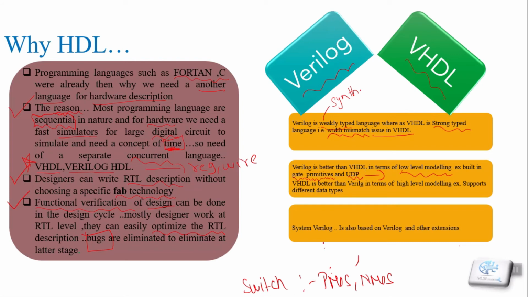On the other hand, VHDL is better than Verilog in terms of high level hardware modeling, because it provides more features and constructs for high level hardware modeling which are not supported in Verilog, like user defined data types in VHDL.